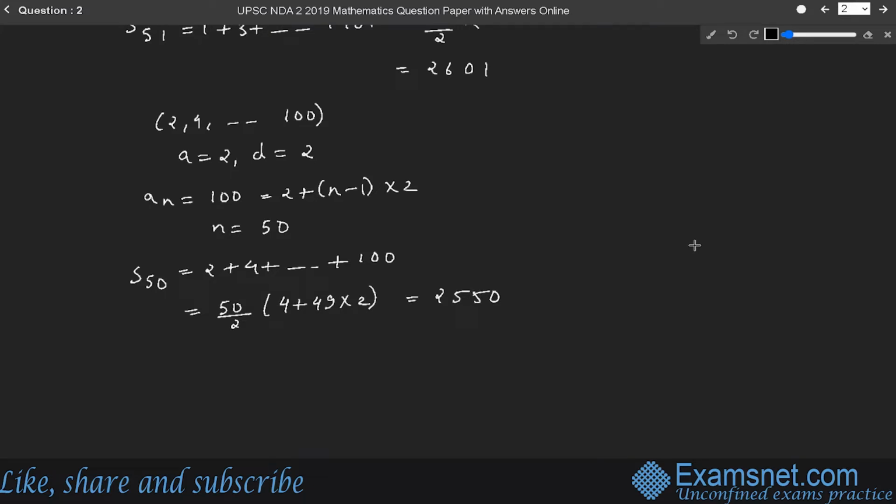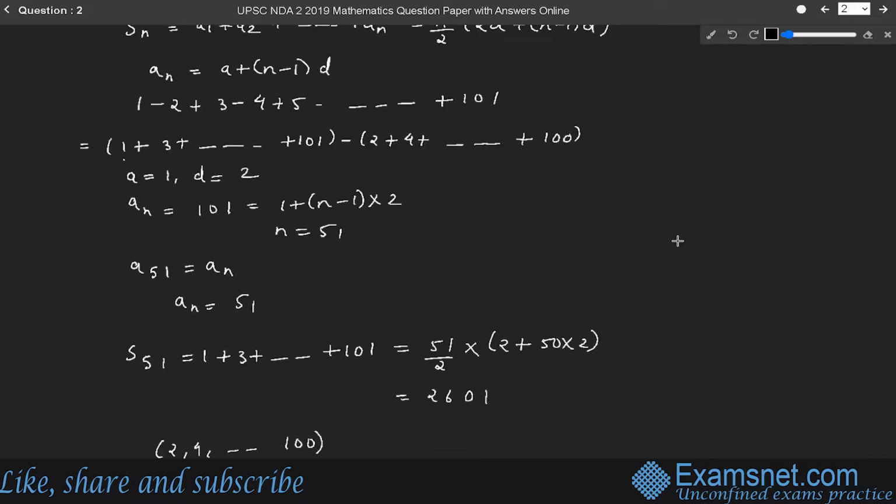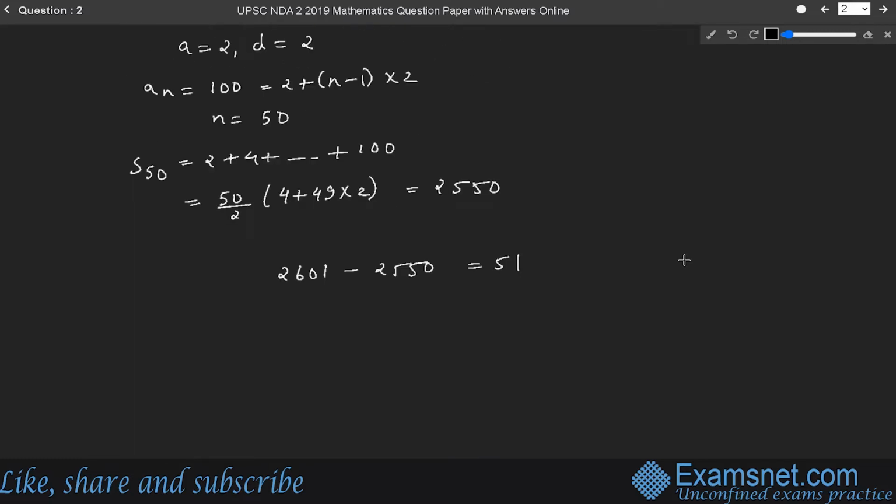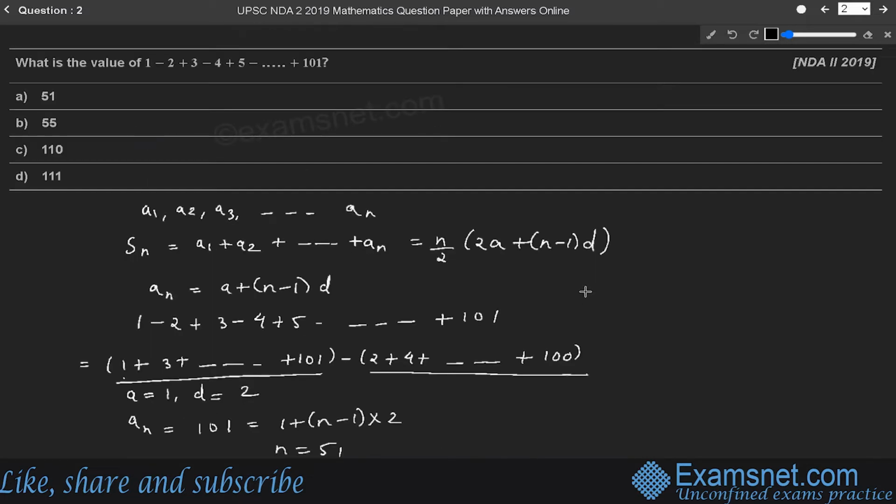So we can say that the difference between both the sums will be 2601 minus 2550, which will be equal to 51. You can see that we have solved the first part and then the second part, and at last we have done the difference. So the difference here is 51. Therefore, we can say that the correct option here is option number A, which is 51.